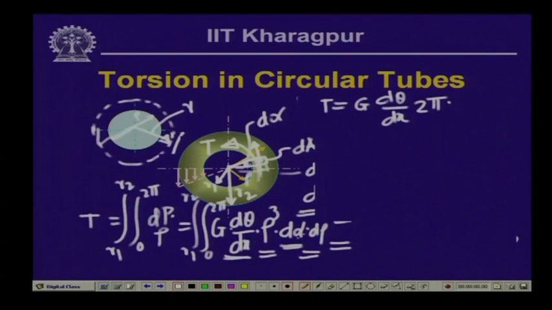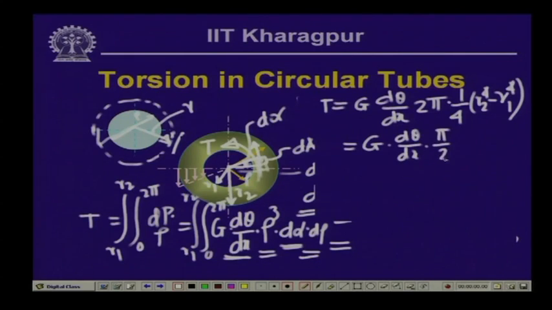So, this is rho 4 by 4, and integrating from r 1 to r 2, that is 1/4 times r 2 to the power 4 minus r 1 to the power 4. So, we can write this as G d theta/dx times pi by 2 times r 2 to the power 4 minus r 1 to the power 4.